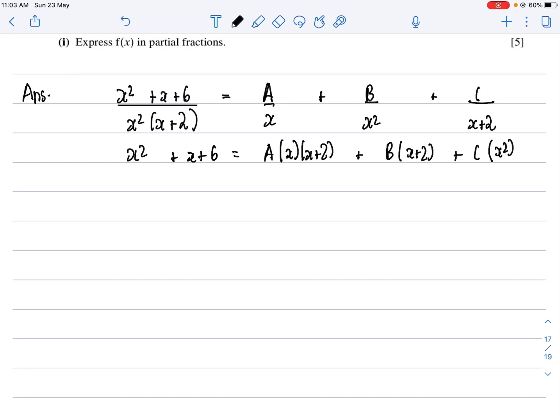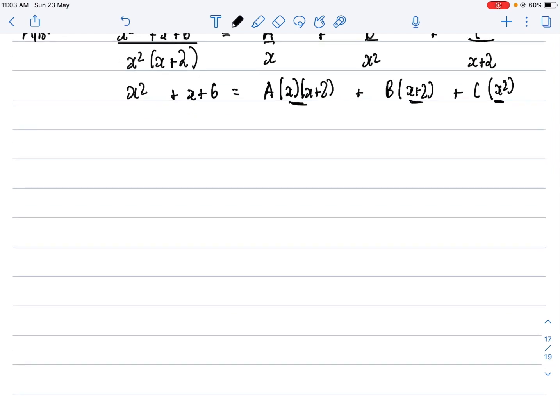Now as you can see, here I have nothing in common. So it will be smart if I just expand directly, because I even have a quadratic on this side. So I can write this as x square plus x plus 6 equals a into x plus 2, which is x square plus 2x plus bx plus 2b plus cx square.